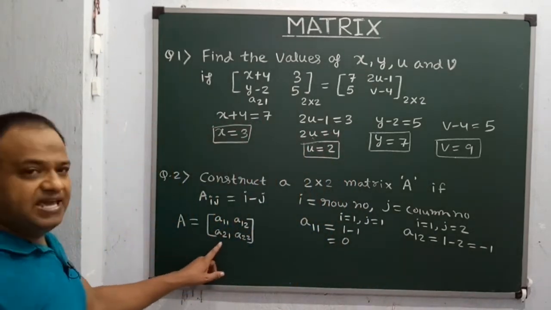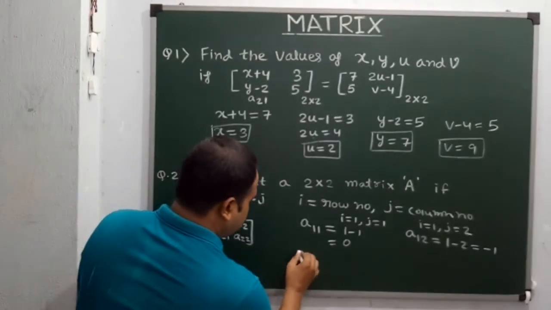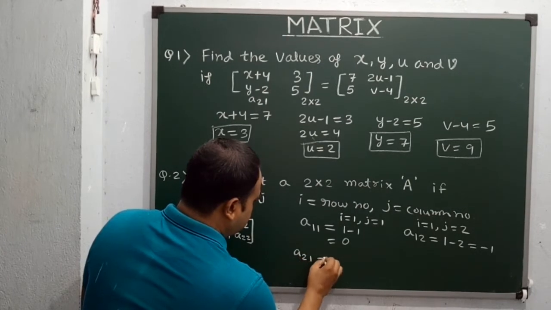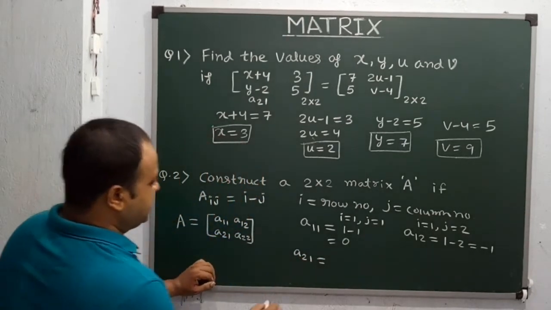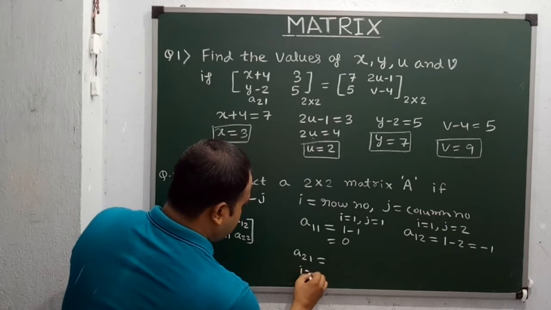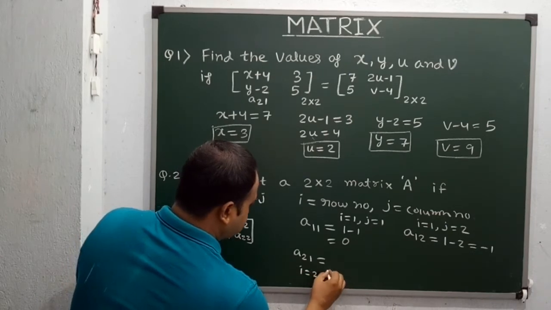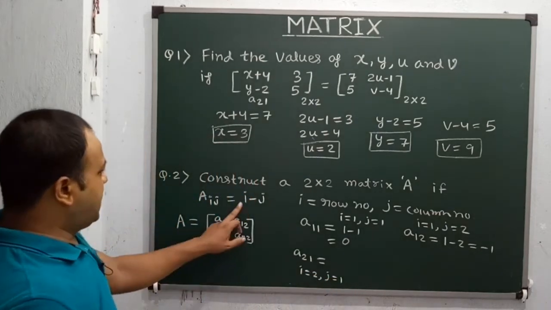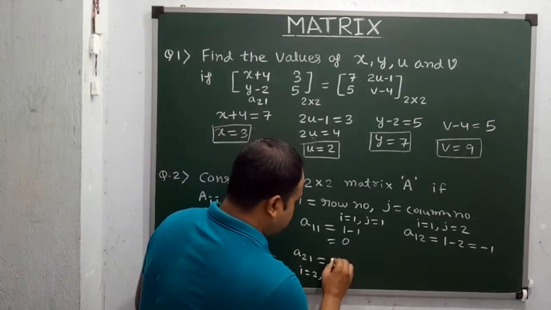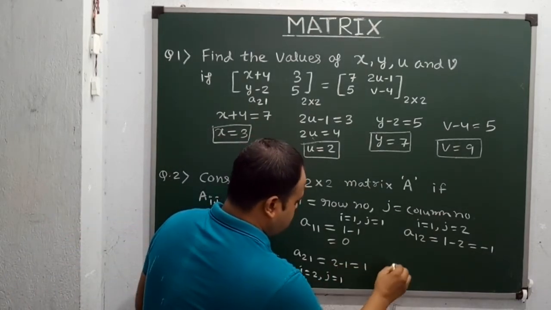Now we have to find A21. It means i is 2 and j is 1. i minus j is 2 minus 1, that is 1.